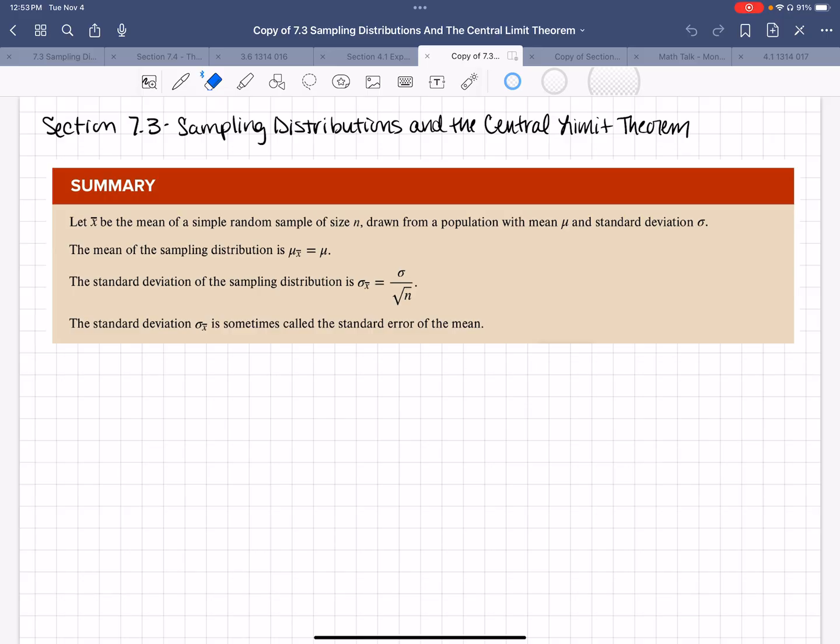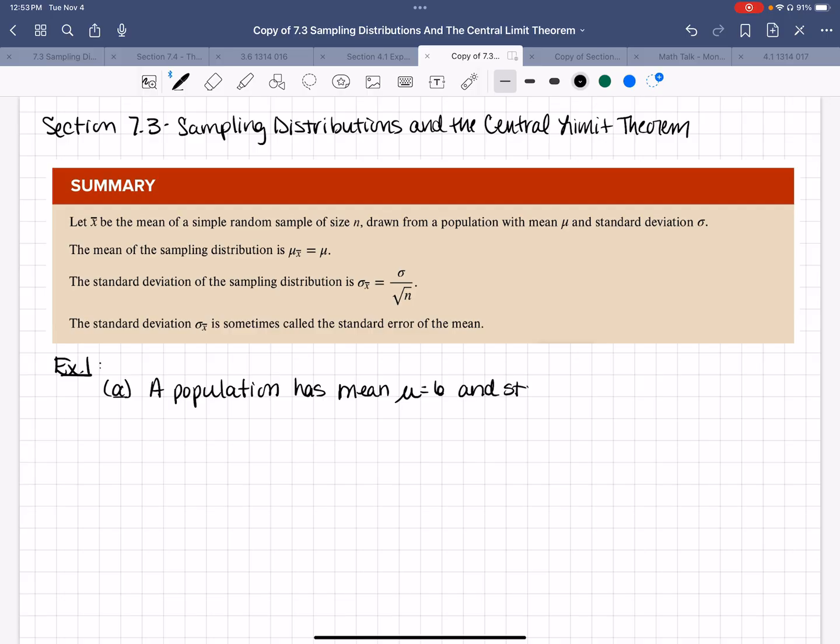So let's look at example 1. Example 1 says, a population has mean mu equals 6 and standard deviation sigma equals 4.